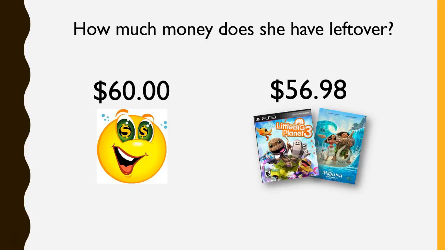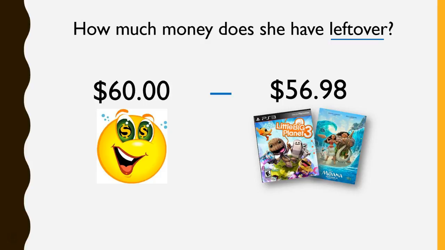The question is asking us, how much money does she have left over? That's a clue word that we're going to be subtracting because she has $60 and she's going to spend $56.98. So she's going to give that away. So how much does she have left over? We're going to find out.